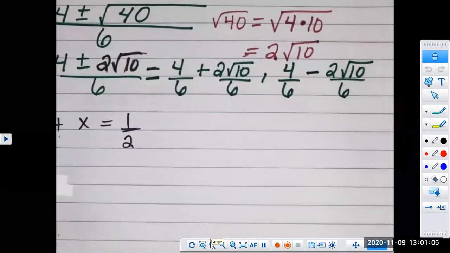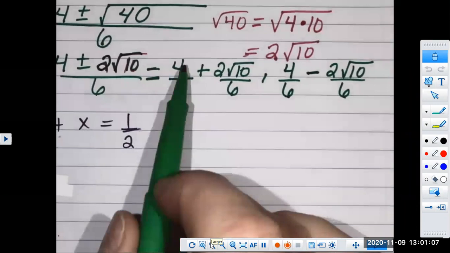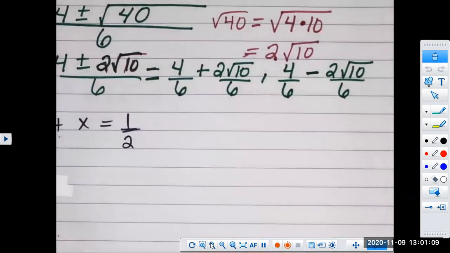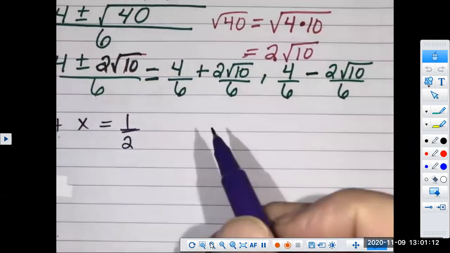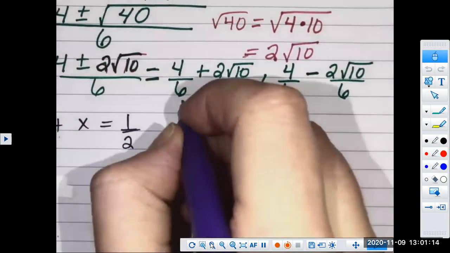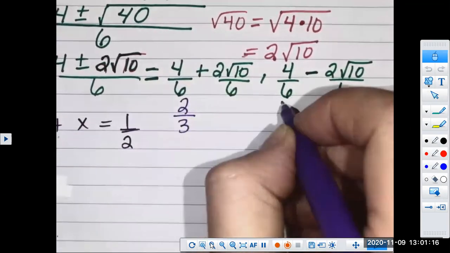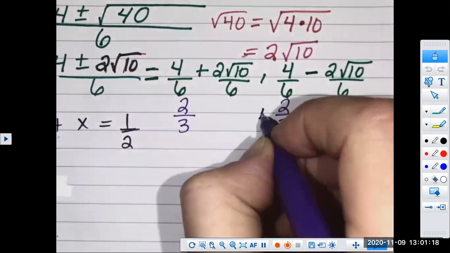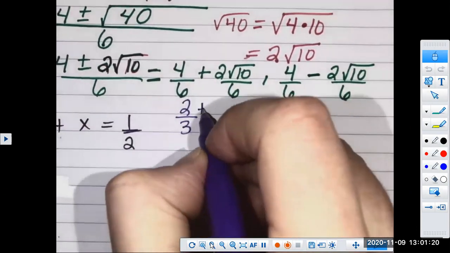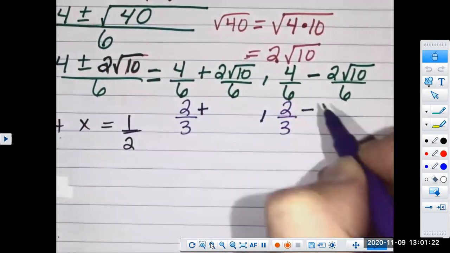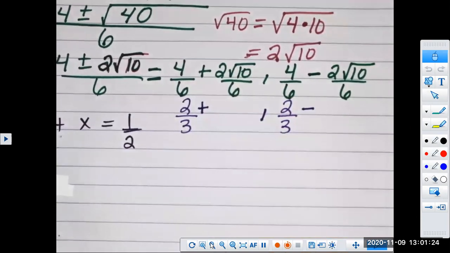Okay, last but not least, go through and see if any of those fractions will simplify. What will 4 over 6 reduce to? Good, that will reduce to 2/3. And what will 2 over 6 reduce to? Good.